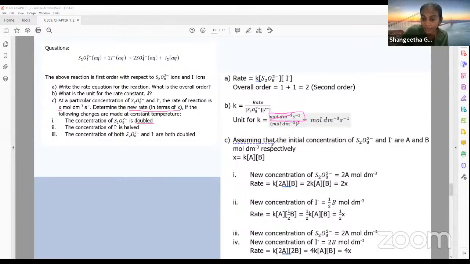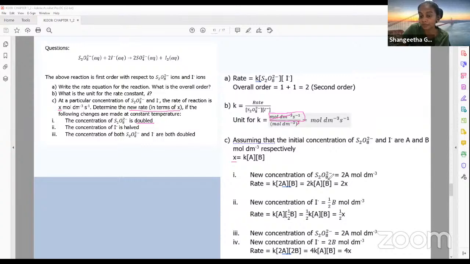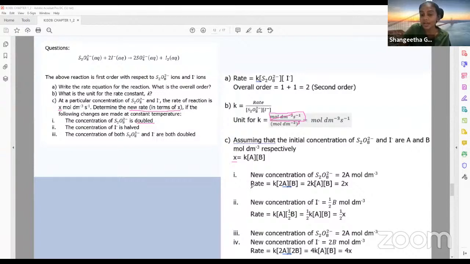So assume that the initial concentration of S2O8 2- and I- are A and B moles respectively, and you are given that your rate of reaction is X. Put this information into your rate law equation: X equals K, concentration of A times concentration of B. Now, if the new concentration is 2A for S2O8 2-, you can solve here to become 2X. So your rate becomes 2X.